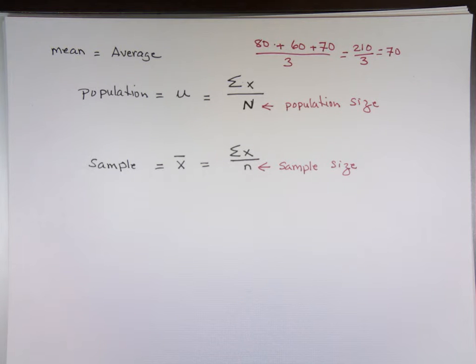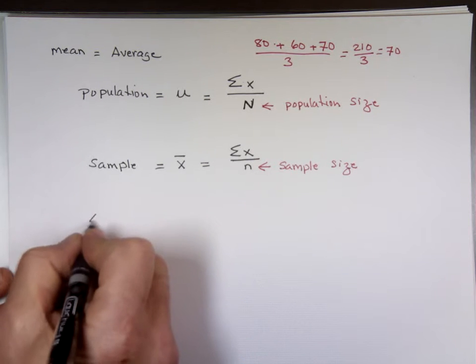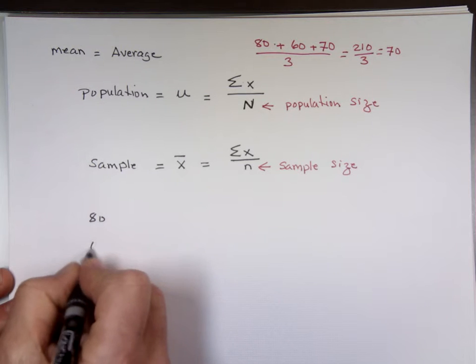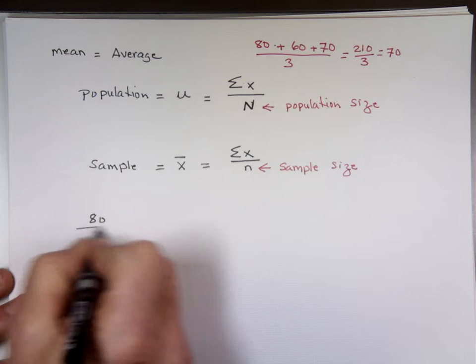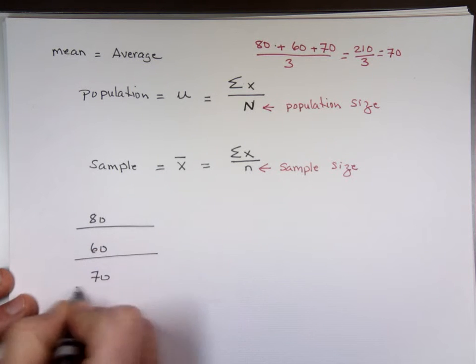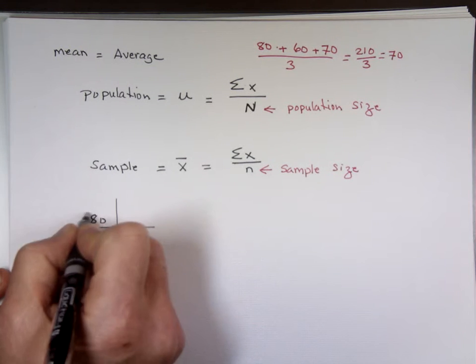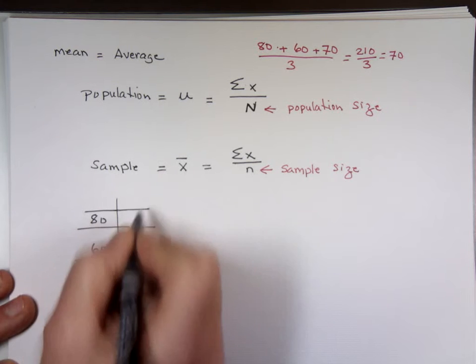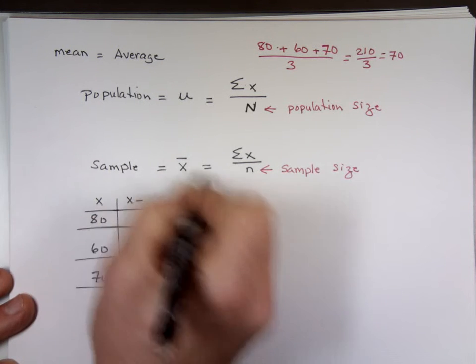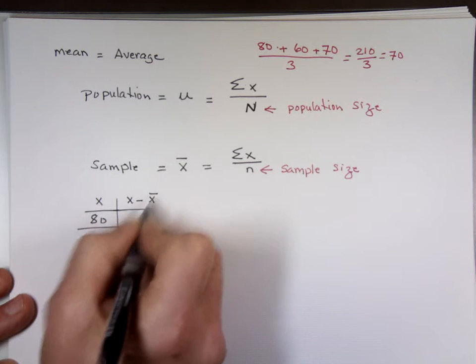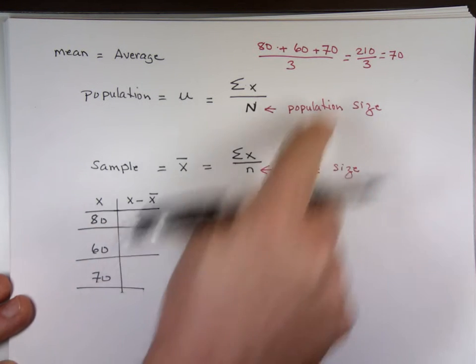Now, if you notice one thing, if you take these numbers, the 80, 60 and 70, these are your test scores, and you subtract from each one the average and you add them, that's what we call measure of center. So this is the score, and this is X minus X bar. So my average is 70.